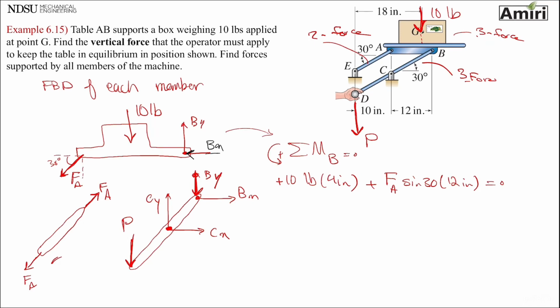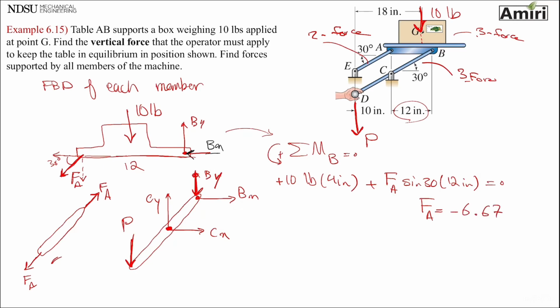Remember, this one has a vertical component and a horizontal component. The horizontal component, which is FA cosine, goes through point B, so I don't need to worry about it. I only take FA sine at this distance of 12 inches between point A and point B. So this gives me FA of minus 6.67.